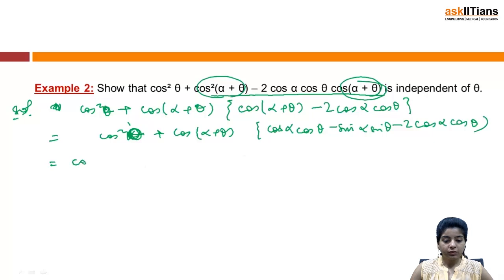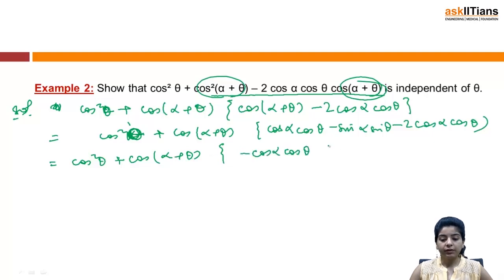So this becomes cos square theta plus cos of alpha plus theta into cos alpha cos theta minus 2 cos alpha cos theta, which becomes minus cos alpha cos theta minus sin alpha sin theta.